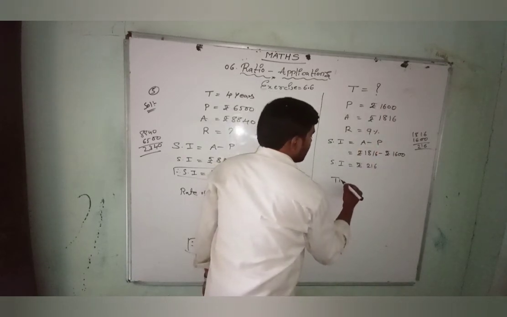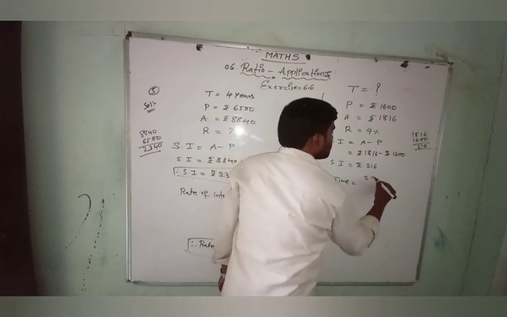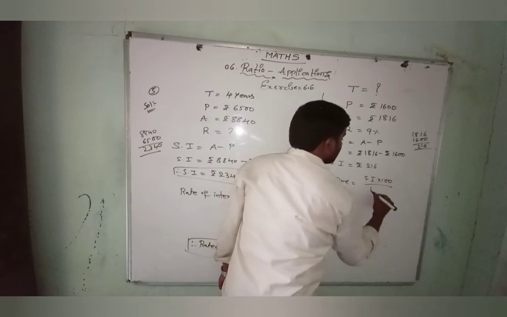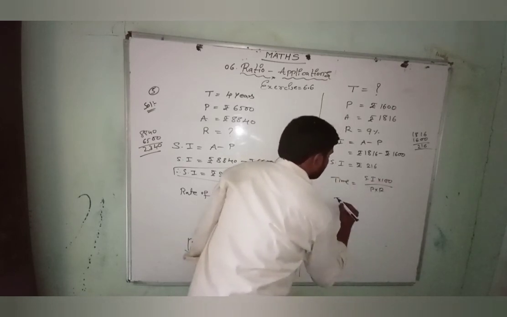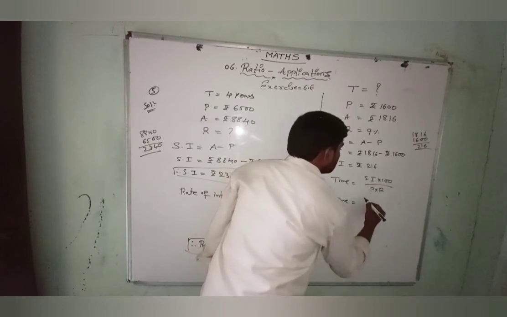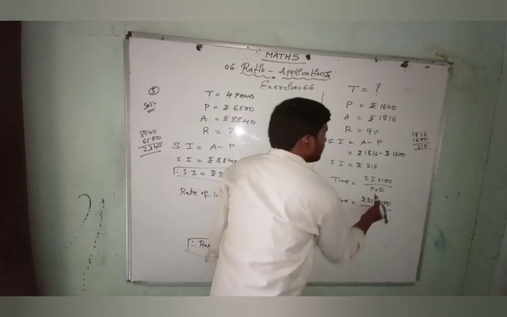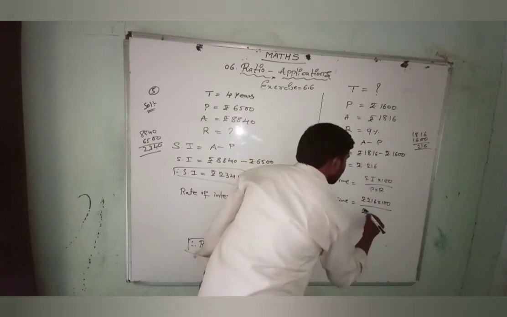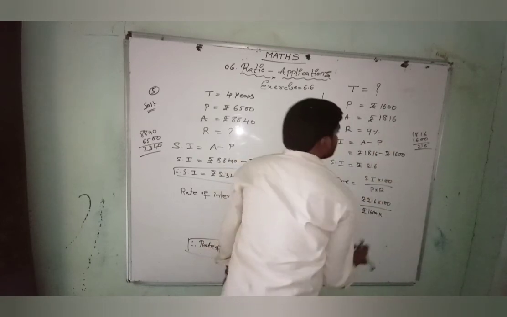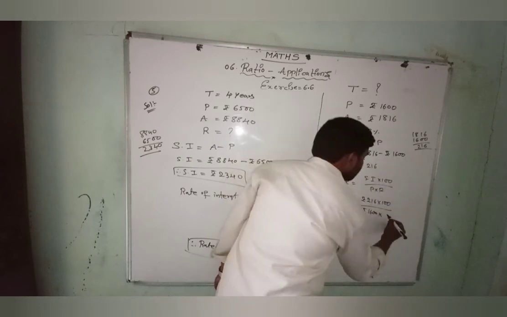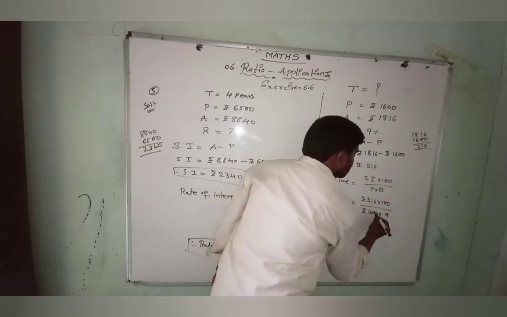The time equals simple interest into 100 by P into R, which is rupees 216 into 100 by principal rupees 1600 into rate of interest 9%.